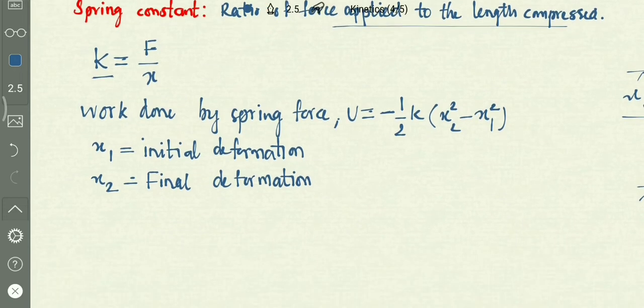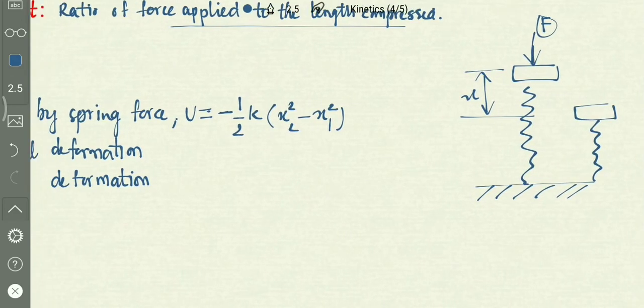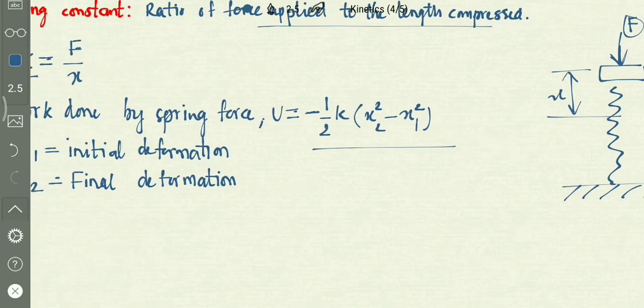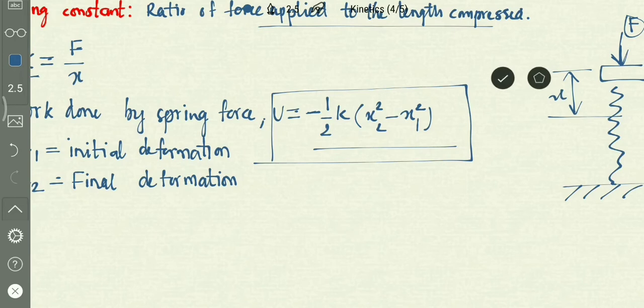So work done by spring force. If it is compressed, the force is acting on the spring, right? And the spring is doing work against this force. So it will be minus half into K into x2 square minus x1 square. It is given by work done by the spring force is given by half into K into x2 square minus x1 square.